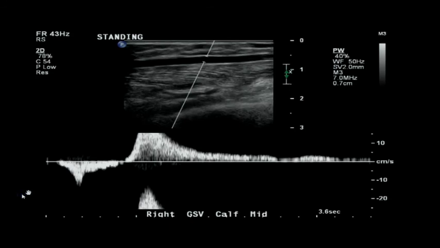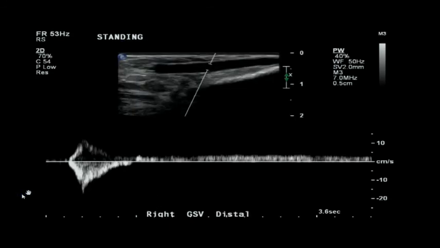As you see here at mid-calf and distal calf, there's a great deal of reflux occurring in the great saphenous. So knowing that the person likely had varicose veins, mainly in the calf, the sonographer chose to stand the person, and now with provocative maneuvers employed while standing, reflux is identified.